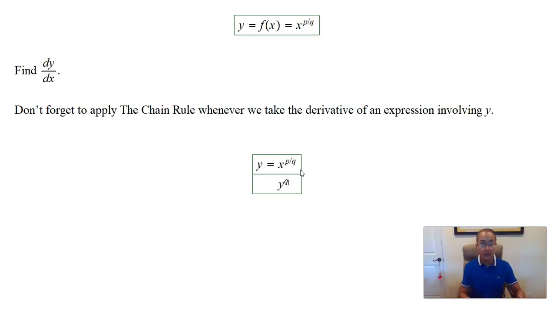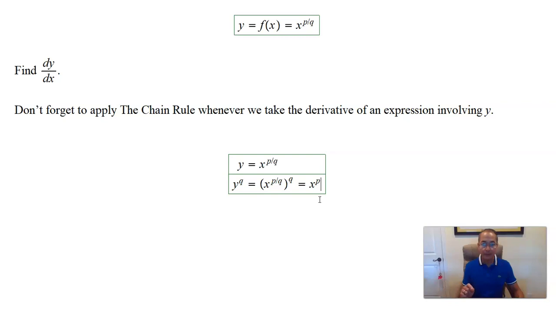So y to the q will be x to the power p over q, and then we raise that expression to the power q. We remind you of the exponent rule: when you have two exponents, one inside the other, we multiply the exponents together. That's exactly why we do this, because that gets rid of the q. So p over q multiplied by q, you're left with just p.